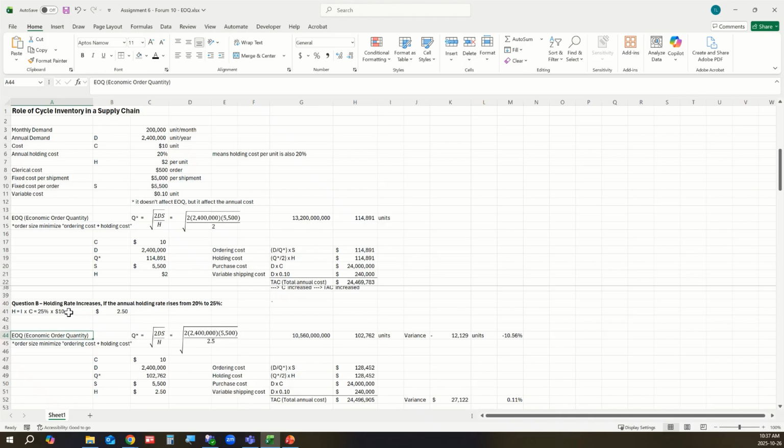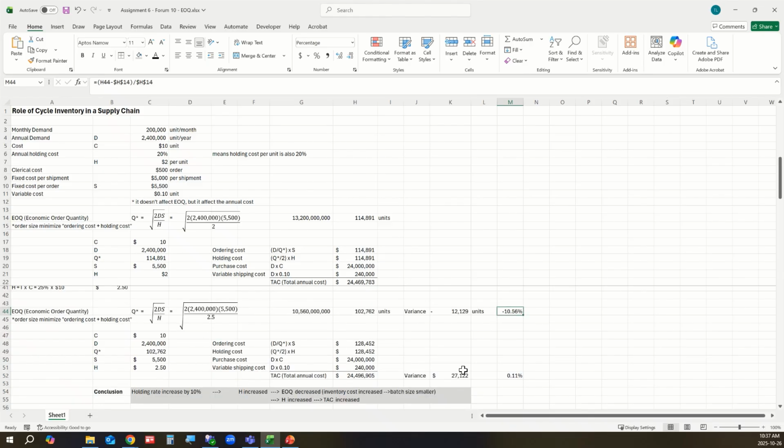So when the holding cost changes, it again will affect the order quantity. The new order quantity is 102,762 units, and it decreased by 10.56%.